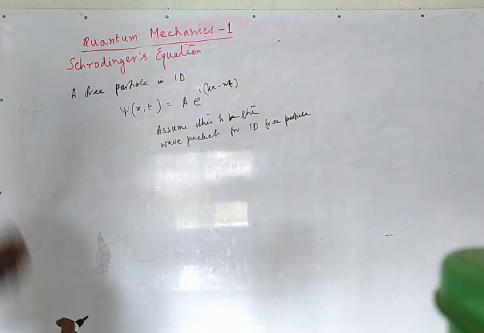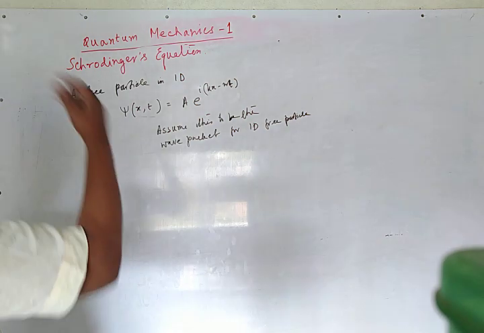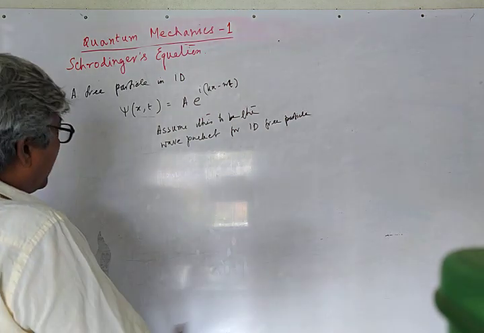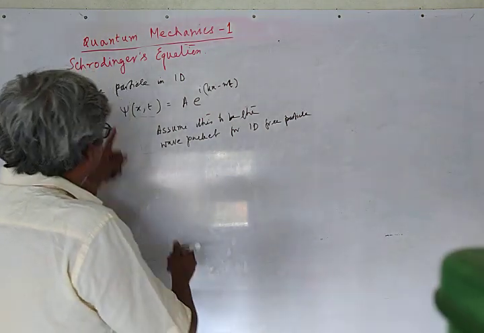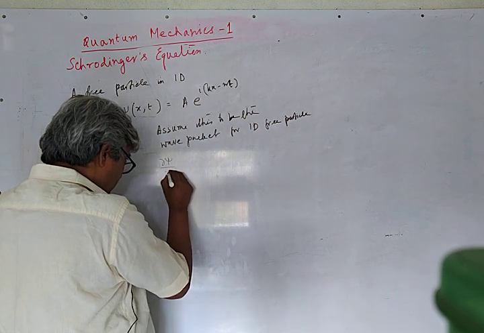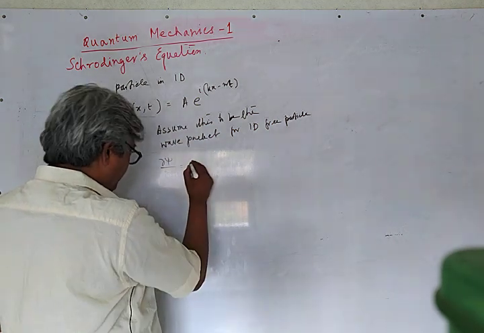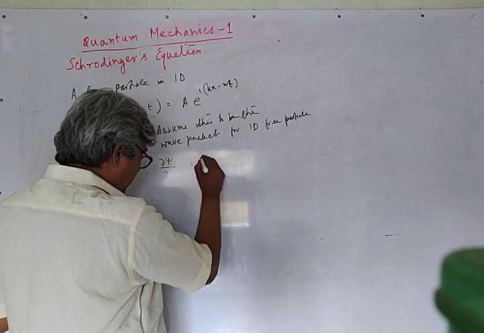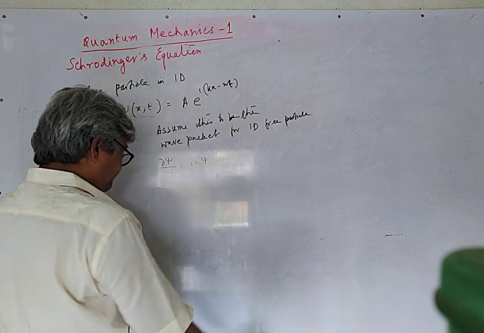Now what shall we do with this wave function? We know that we are looking for the partial differential equation involving space and time variables. So aimlessly, we try to differentiate this. We get ik psi.